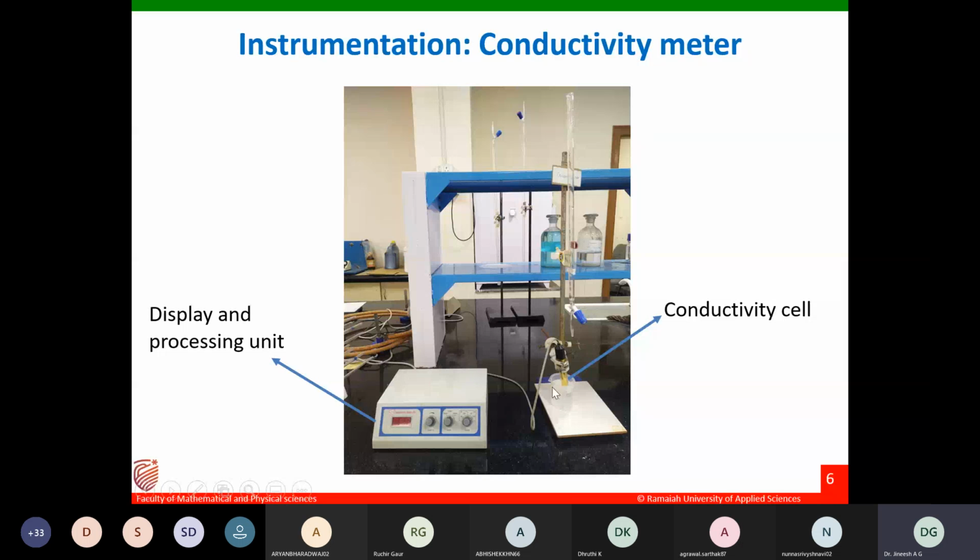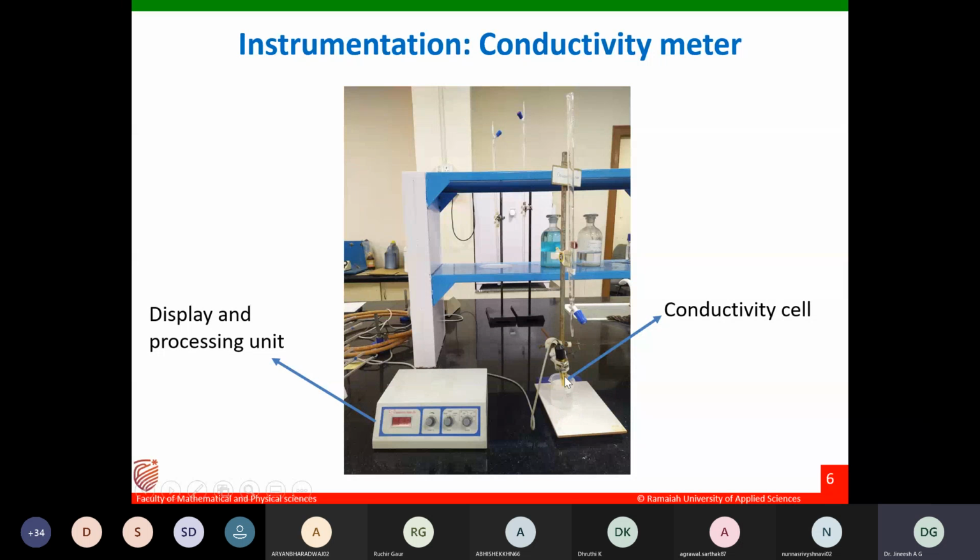Here the solution is hydrochloric acid, right? Our job is to find the concentration of hydrochloric acid. Generally, we will take 25 ml of hydrochloric acid and put it in this 100 ml beaker.